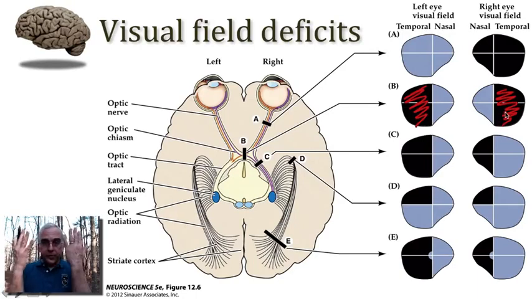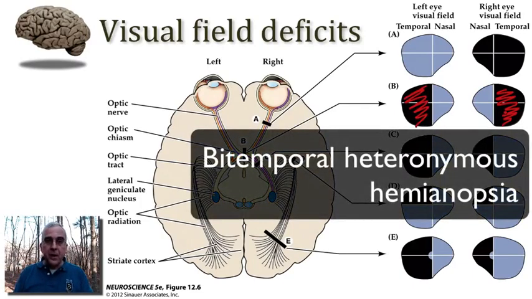So when we put the two visual fields together, we have preservation of central visual space, but blindness to the left and right sides of our visual fields. And that's an example of bitemporal hemianopsia, or specifically a heteronymous hemianopsia.